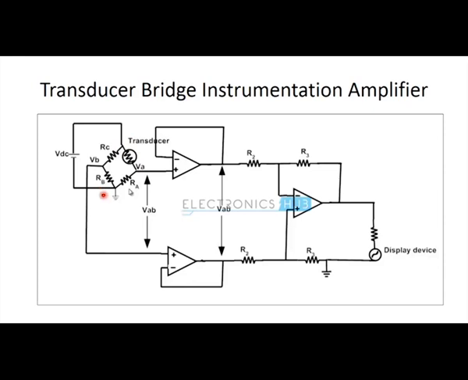So, here the transducer bridge is balanced by using the VDC supply. So, the output VAB will be equal at these two input terminals.